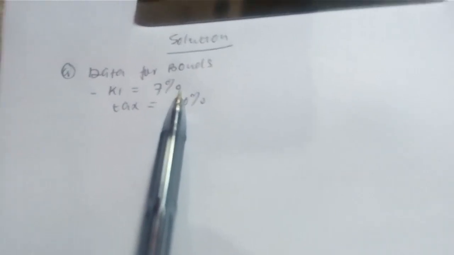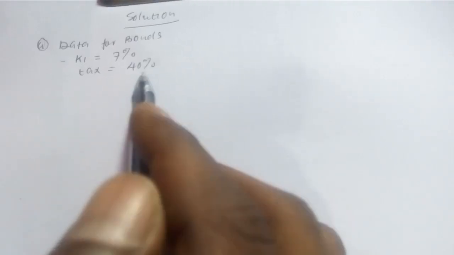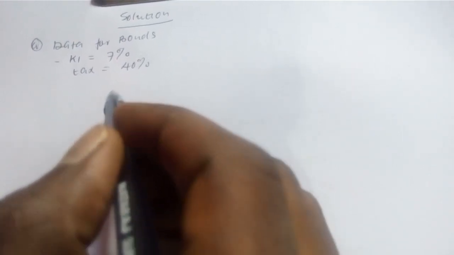In that question, we were given that bonds had a before tax cost rate of 7% in the statement of financial position and a tax rate of 40%. So that itself gives us the benchmark where we can start from.